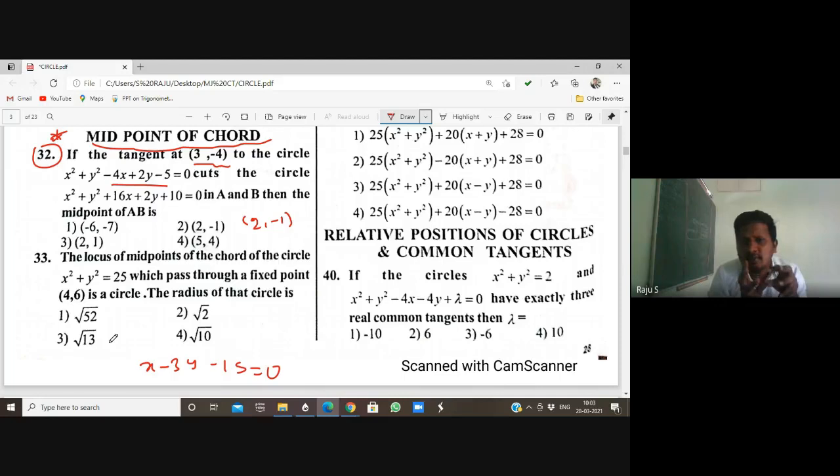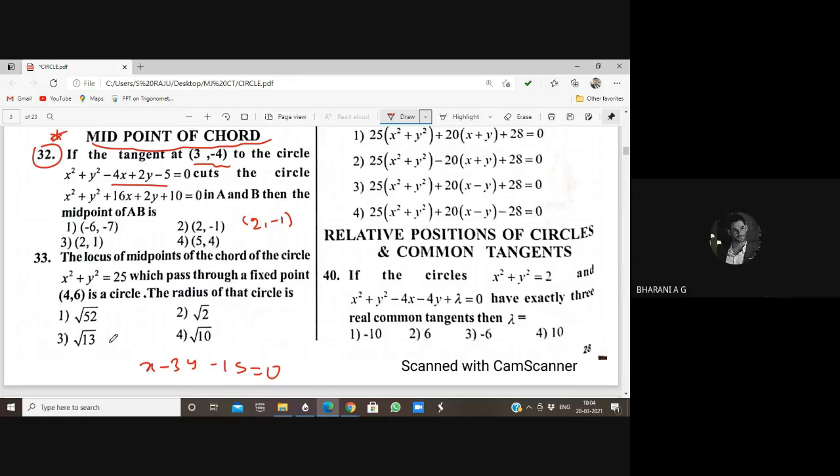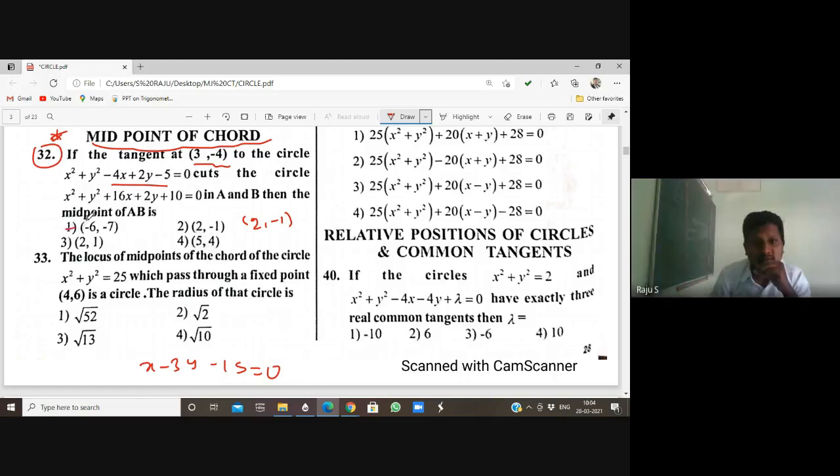If two options are satisfied, we can go through the general process, but that will be lengthy, not required. So first of all, the first one satisfies minus 6 minus. Okay. In the same way, you have to check the remaining ones also.